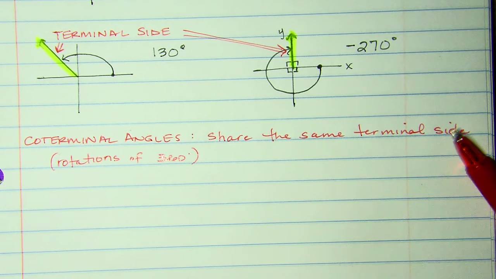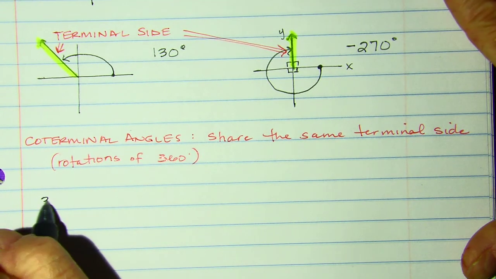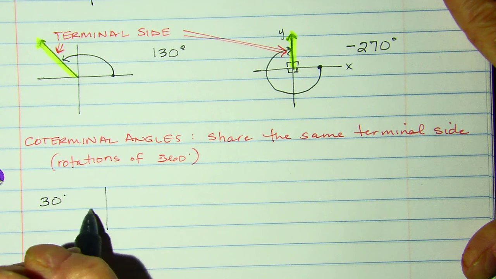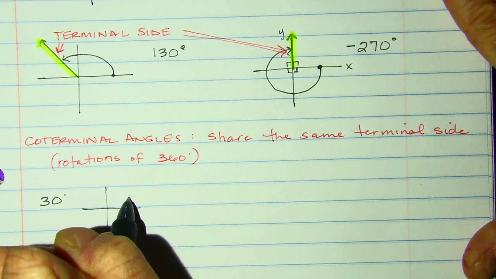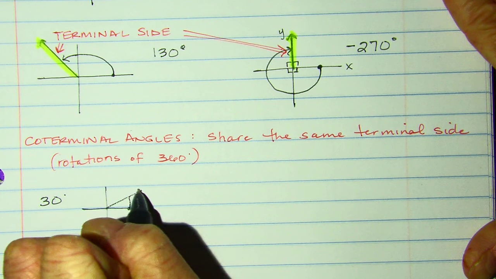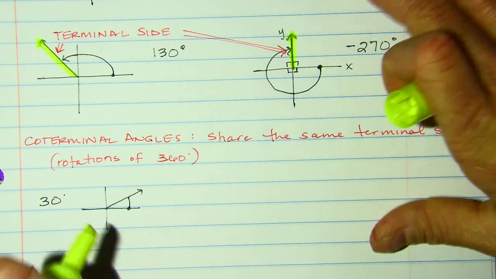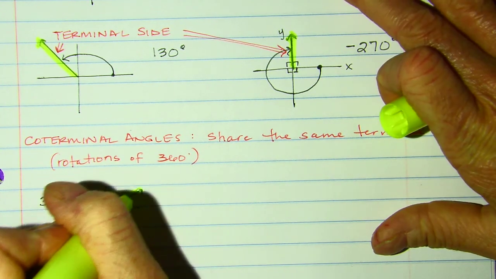So, for example, if I asked you to draw 30 degrees, I know that because it's positive, I would move counterclockwise. So here's 30 degrees. And I'm going to highlight. There's my terminal side right here.